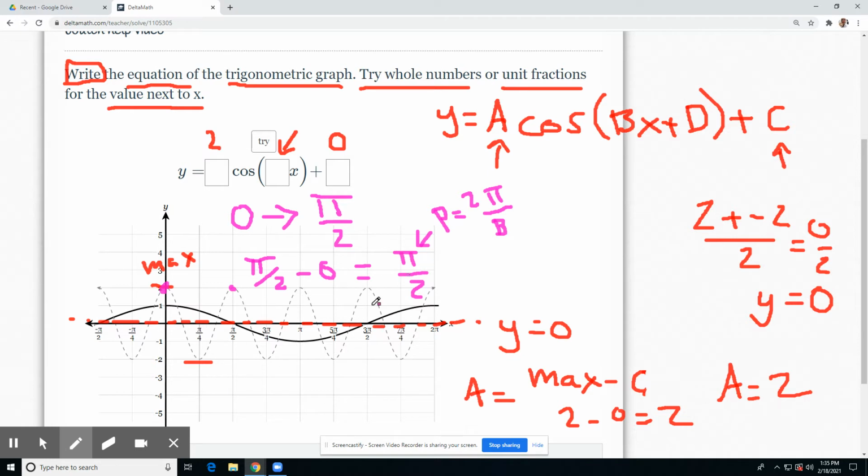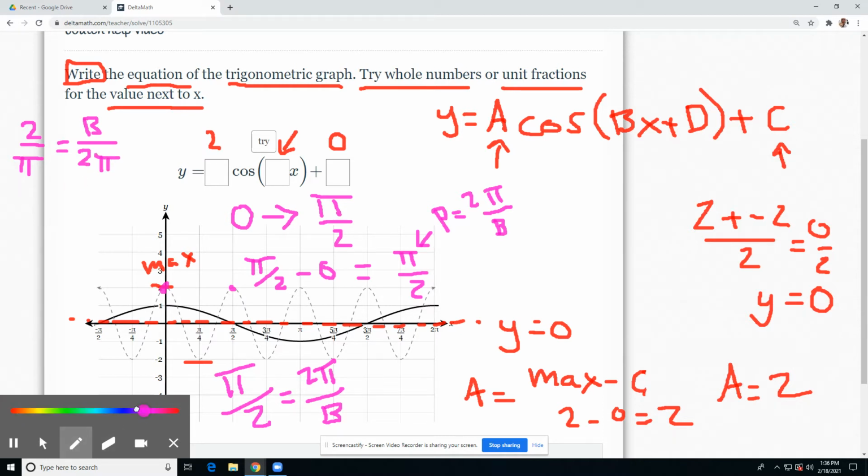So our period was pi over 2 equals 2 pi over b. And I'm going to go ahead and use the reciprocal method. So I'll do my work over here. So that would be 2 over pi is equal to b over 2 pi.